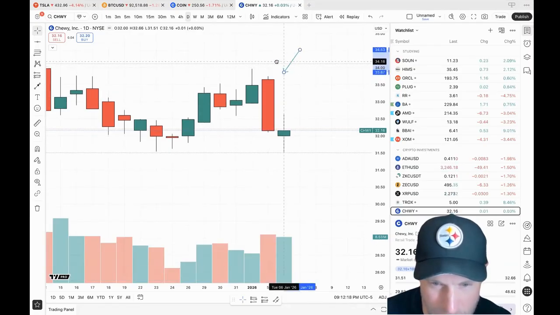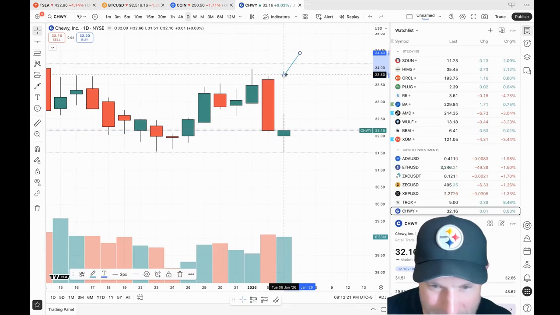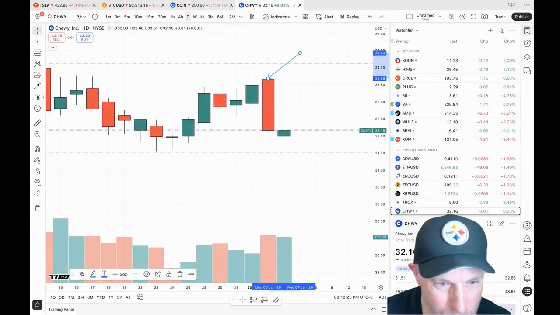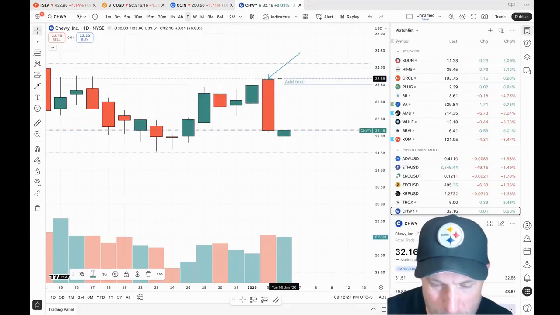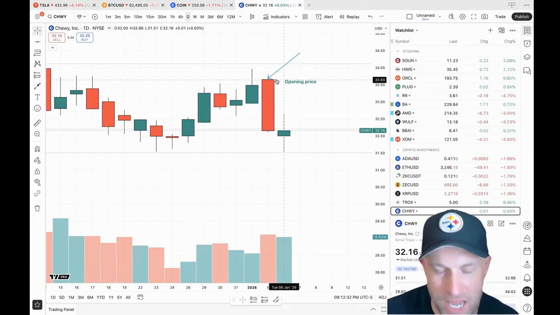Come on, trading, you work with me here. I'm trying to point to the open right here. So right here, this is where the price opened. So opening price, right? And for bearish candles, they open higher and they close lower.